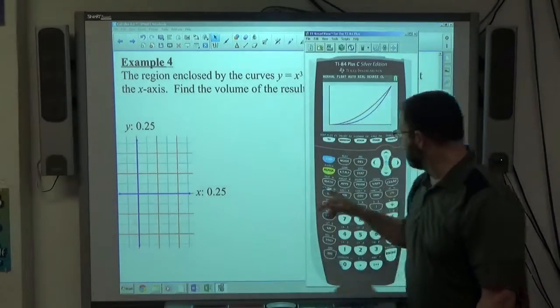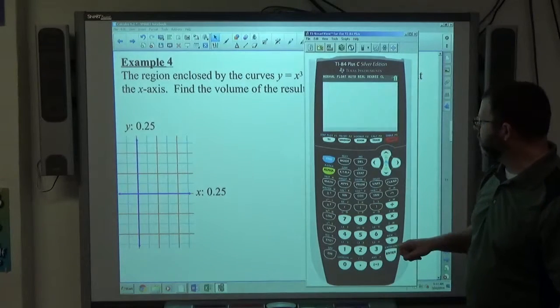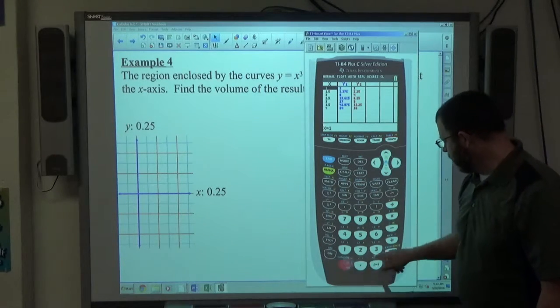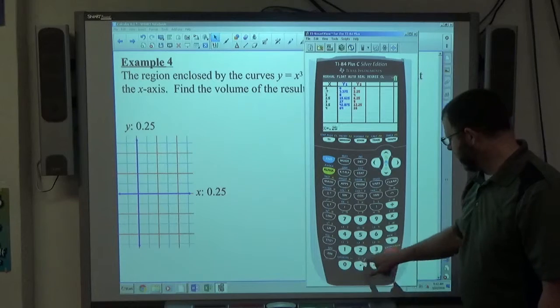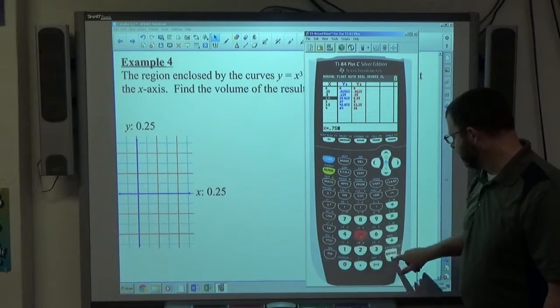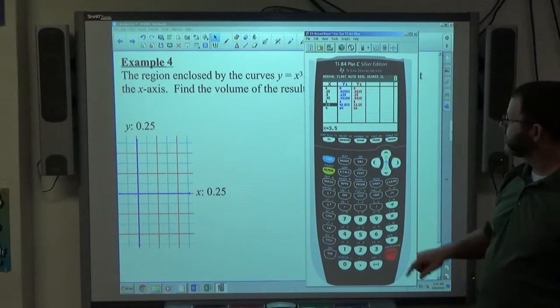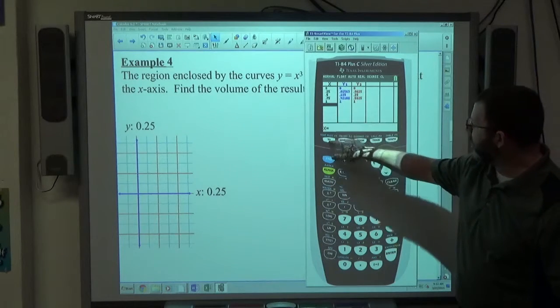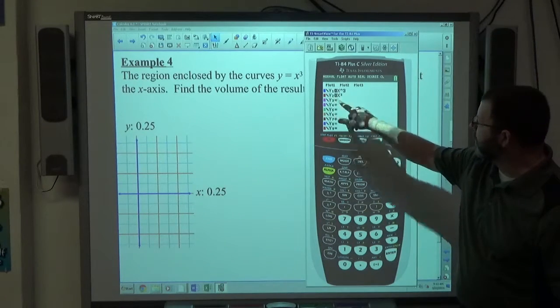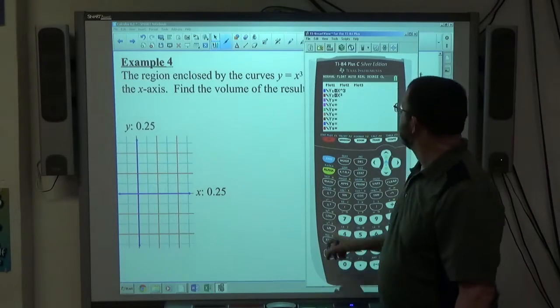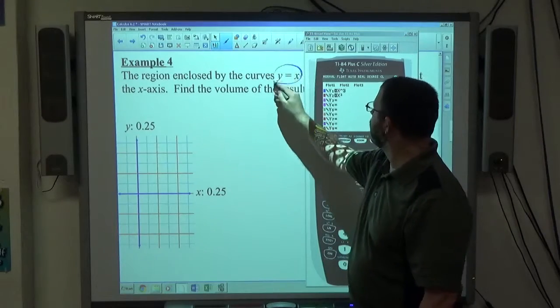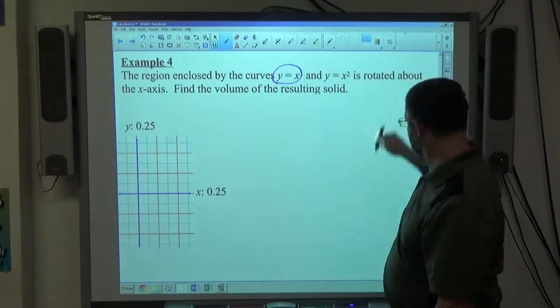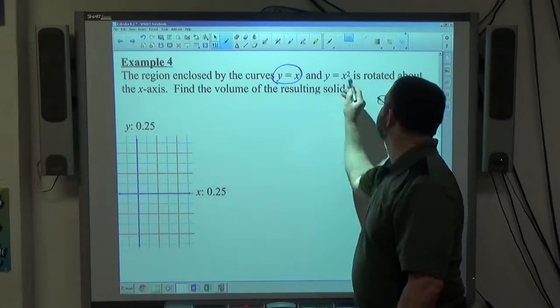So if I'm actually graphing this, I'm just going to go 0, 0.25, 0.5, 0.75, and 1. y1 is x cubed and y2 is x squared. So y1 is x cubed, we'll do that in blue, and y2 is x squared, we'll do that in red.